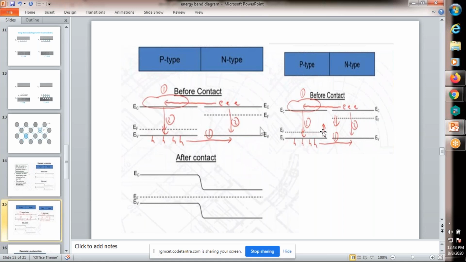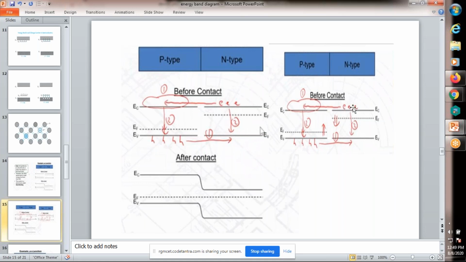What happens is that the Fermi level in the p side increases, and in the n side the Fermi level decreases. Why? Because after recombination, here the holes increase and here the electrons decrease.